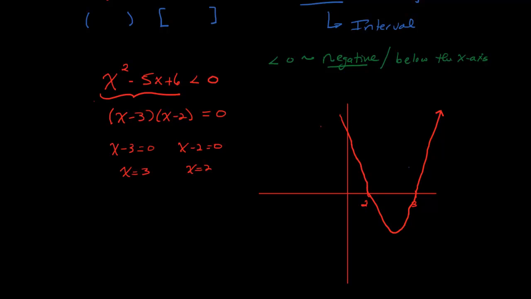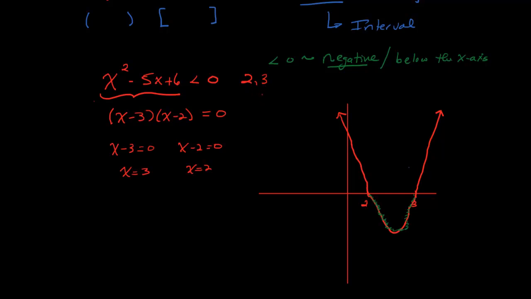So let's look at this graphically. If I think less than 0, I'm thinking below the x-axis. I hope we all can see that where I'm shading in with green is below the x-axis. This is very holiday-oriented. I shaded the green portion of the graph from 2 till 3.